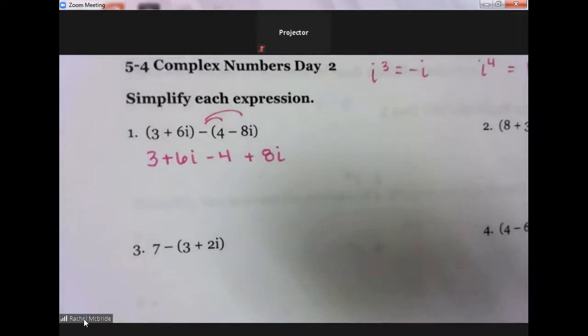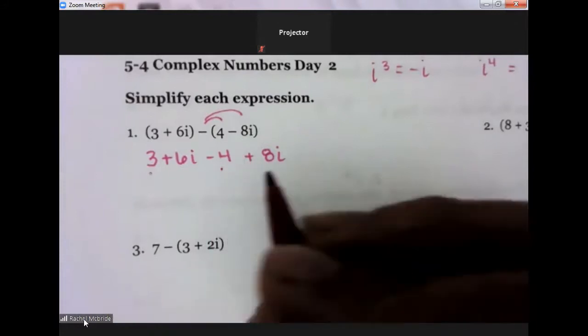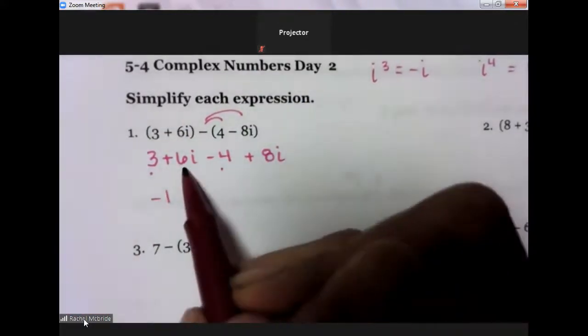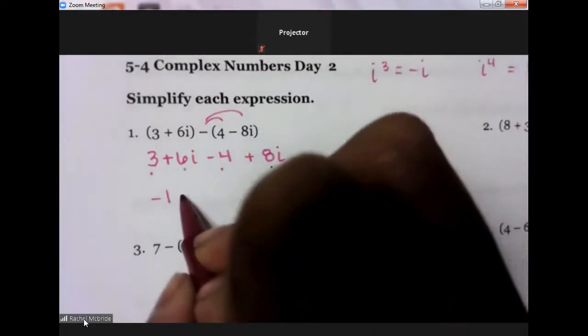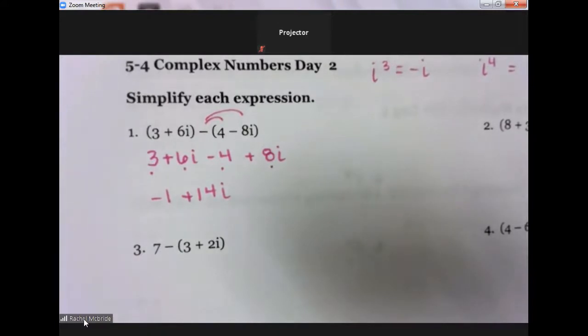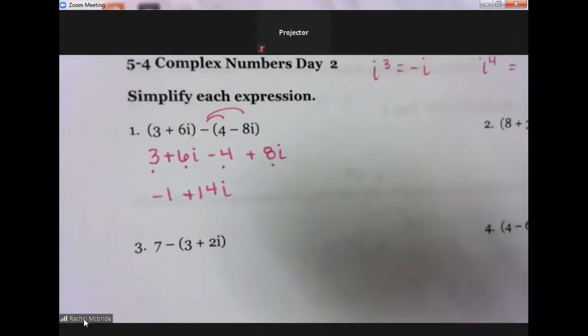And then from there, you're going to combine like terms. i is like i, numbers are like numbers. So 3 and -4 is -1. 6 plus 8 gives 14i. So this problem in simplified form is -1 plus 14i.